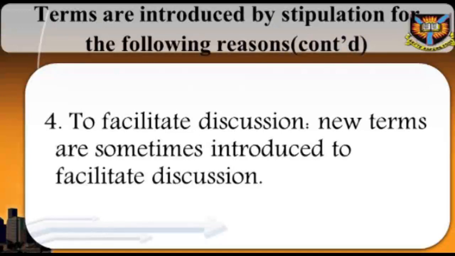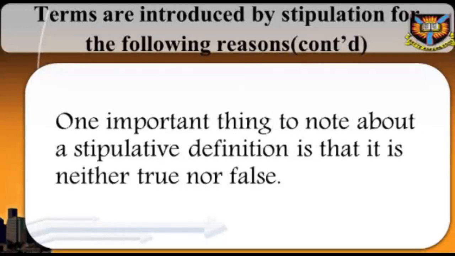Lawhead 2002, page 467. One important thing to note about a stipulative definition is that it is neither true nor false. It cannot be said to be accurate or inaccurate, simply because a symbol defined by a stipulative definition did not have that meaning before it was given that meaning by the definition.